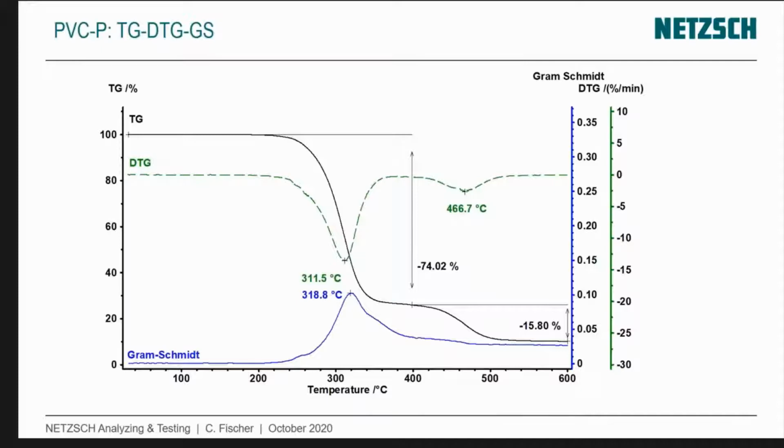The Gram-Schmidt curve in blue displays the overall IR intensities and acts as a mirror image of the DTG curve. This proves the interaction of the gases released with the IR beam.